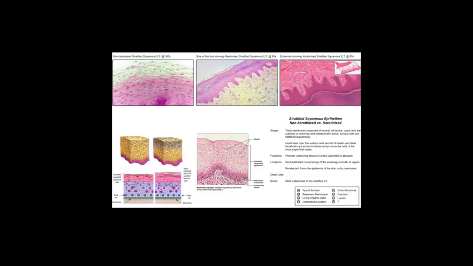If you see dead layers of cells on the outer apical surface here, regardless of the thickness, then you're looking at a keratinizing layer, or the stratum corneum on the outer surface of the skin that protects our body from water level changes, or keeps us waterproof. It also protects us from abrasion and from any damage that might occur externally.